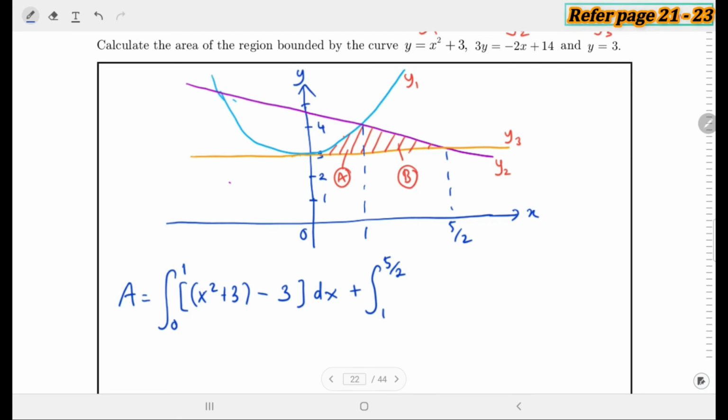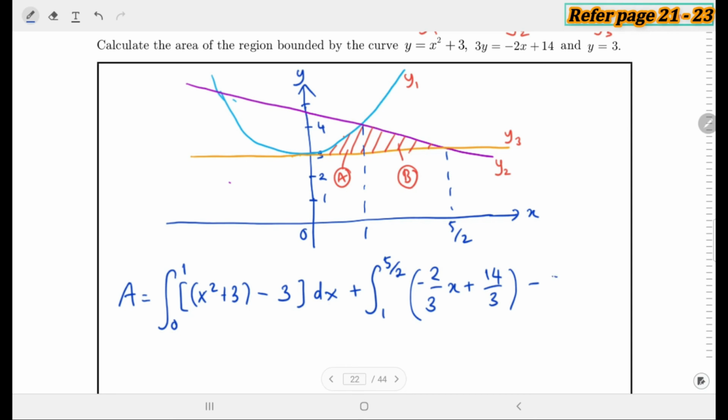For part B, look closely: there are only two curves involved here, the purple and the orange. The purple is the upper function, while the orange is the lower one. So the purple minus the orange; purple is y2, negative 2 over 3 x plus 14 over 3.